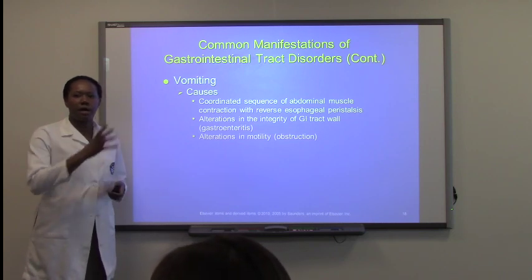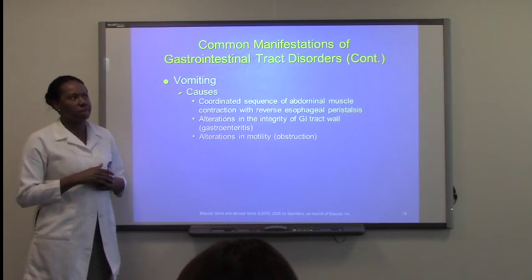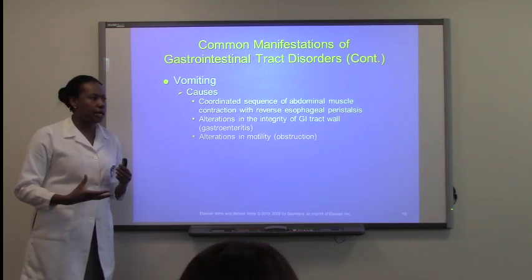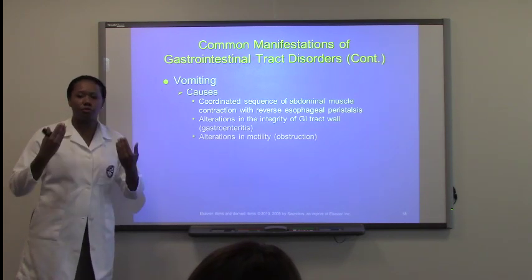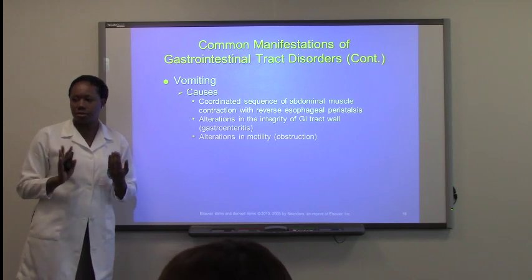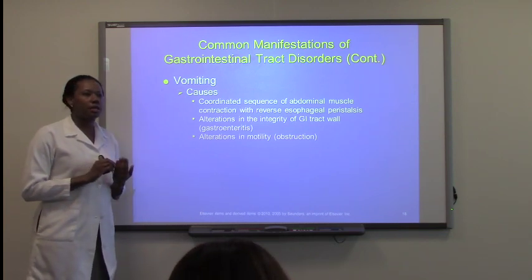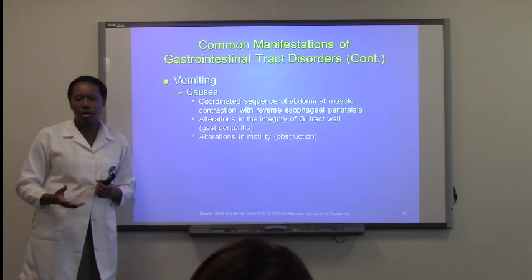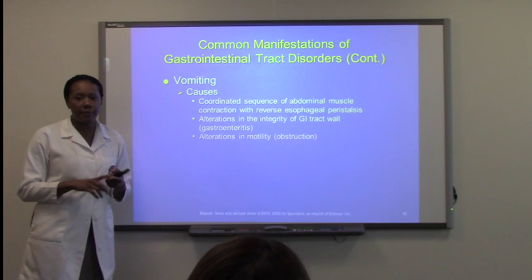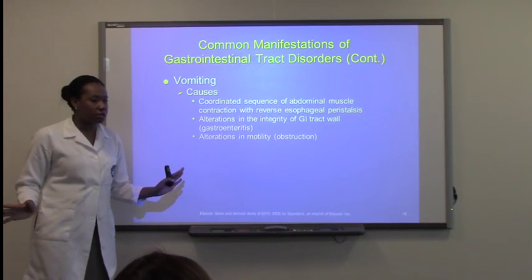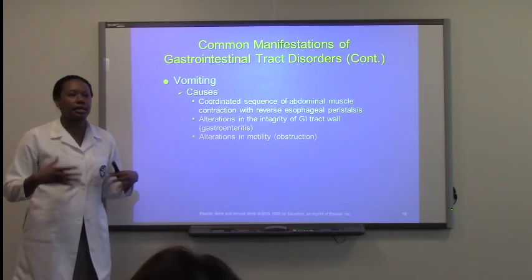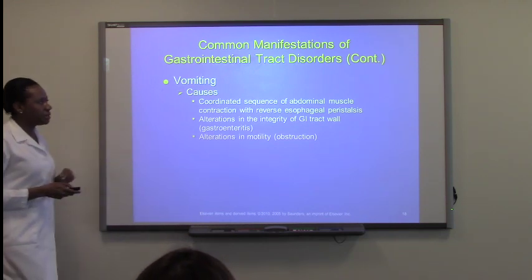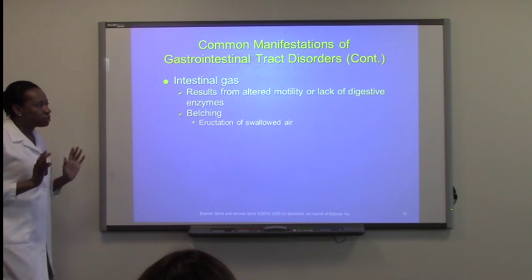But keep in mind, vomiting is actually, I don't want to say a compensatory mechanism, but it kind of is with the GI tract, because it's your body's way of getting rid of whatever is not supposed to be there. So if it is a gastroenteritis, if you are experiencing a bacterial infection, as you know, a common sign and symptom of that is vomiting and diarrhea. It has to go out somewhere, because your body cannot keep that bacteria in the GI wall. So just keep that in mind. Vomiting is not a terrible, terrible thing.